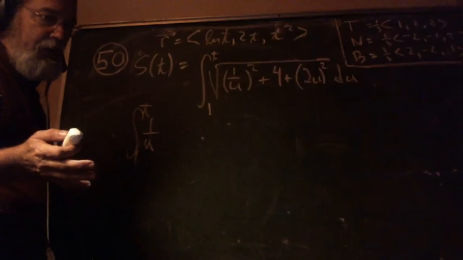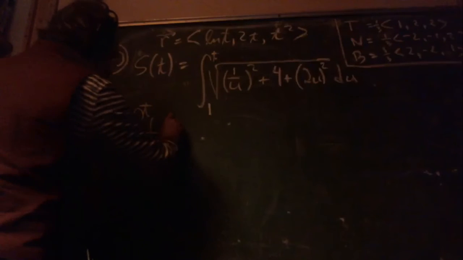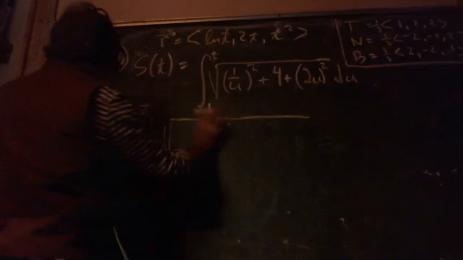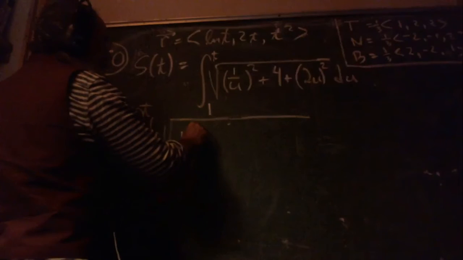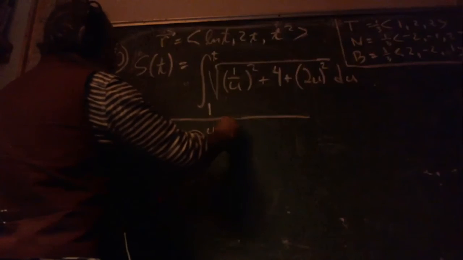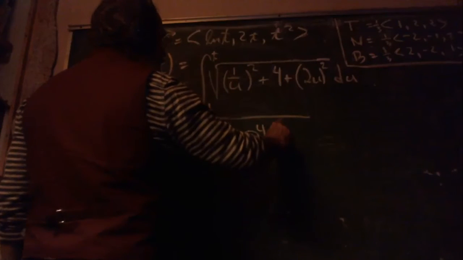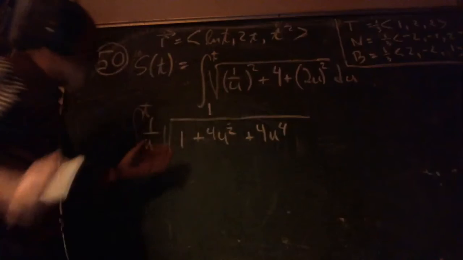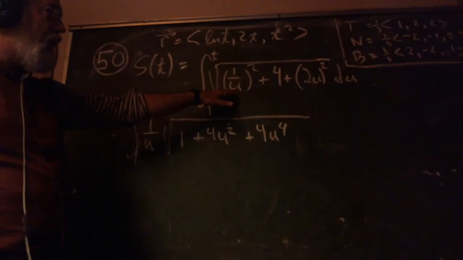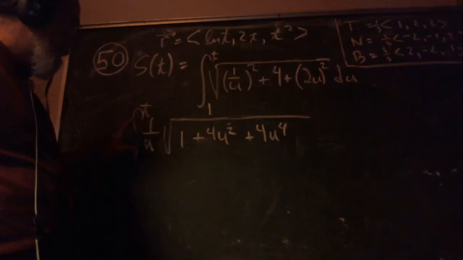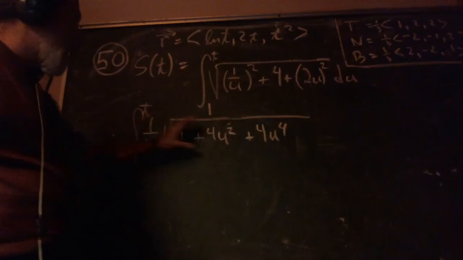The square root of 1 over u squared is 1 over u, leaving inside the square root a 1 plus a 4u squared plus a 4u to the 4th. Because, remember, I factored out a u squared, which means when I multiply back through by 1 over u squared, I have to get this back.